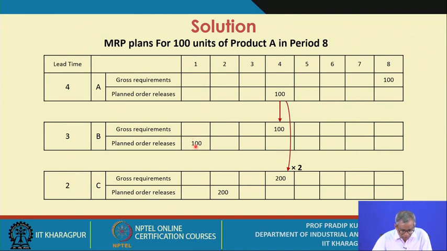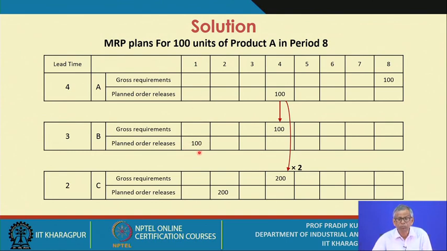So you need 100 units of B to be ordered in the 1st week. So your gross requirement for item B is 100 on the 4th week, and your planned order release is 100 units on the 1st week.